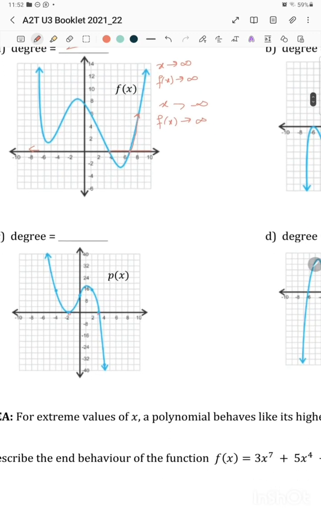So it's 1, 2. X approaches positive infinity, f of x approaches negative infinity. X approaches negative infinity, f of x approaches positive infinity.